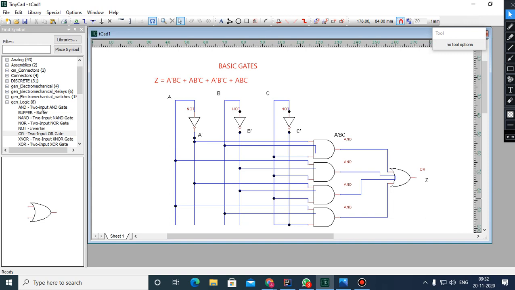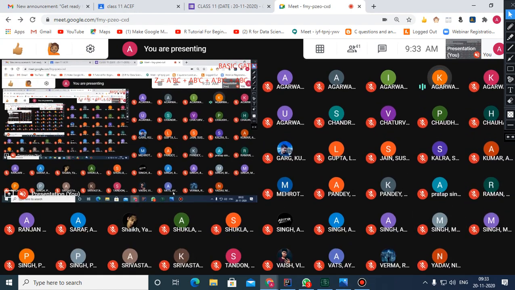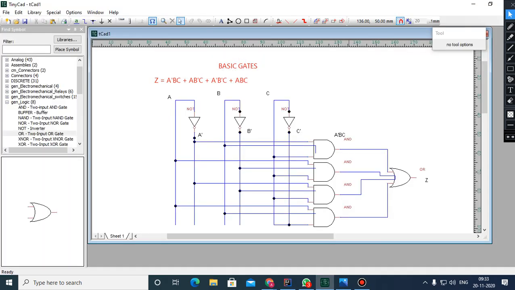So if anybody has not understood, then please tell. Beta, class 11th, if any issue, any problem, then please tell. So children, this is how you can draw the circuit diagram.